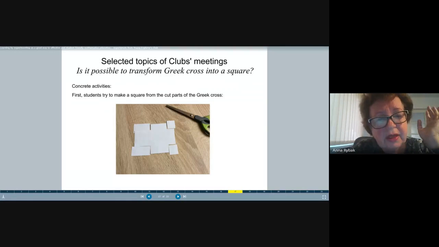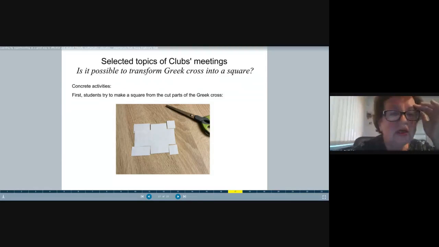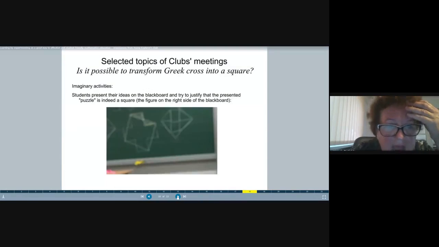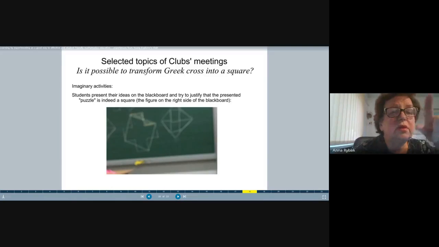Students started to cut this cross in order to create a square. The next, please. They couldn't do this. Nobody solved the problem during this first stage of our activities.